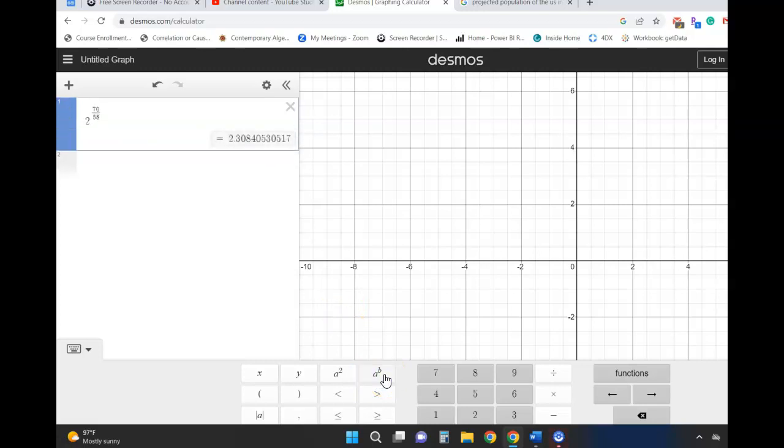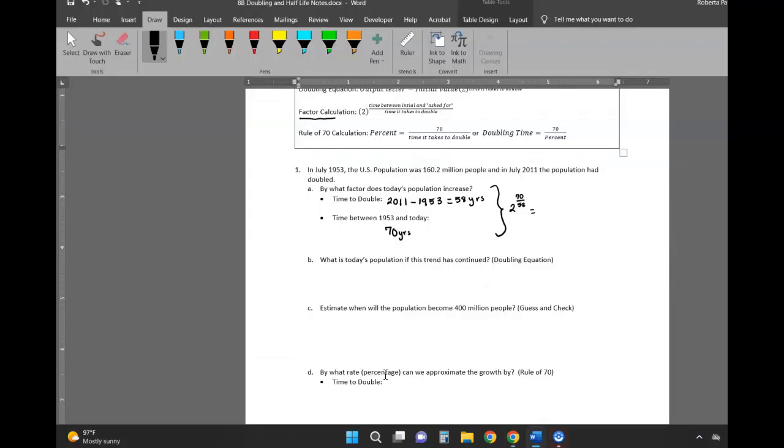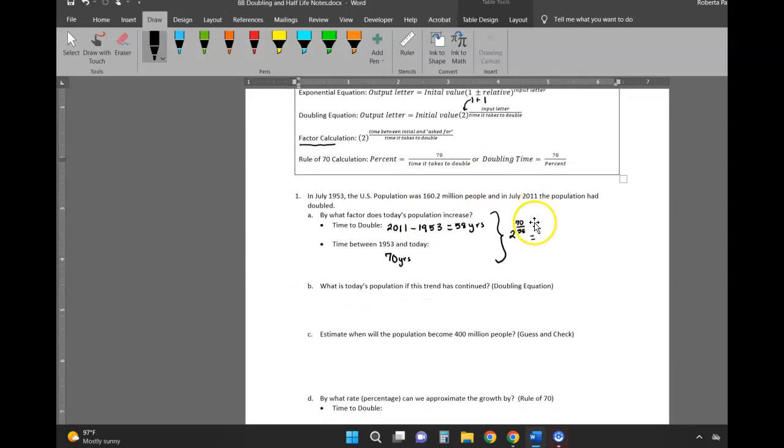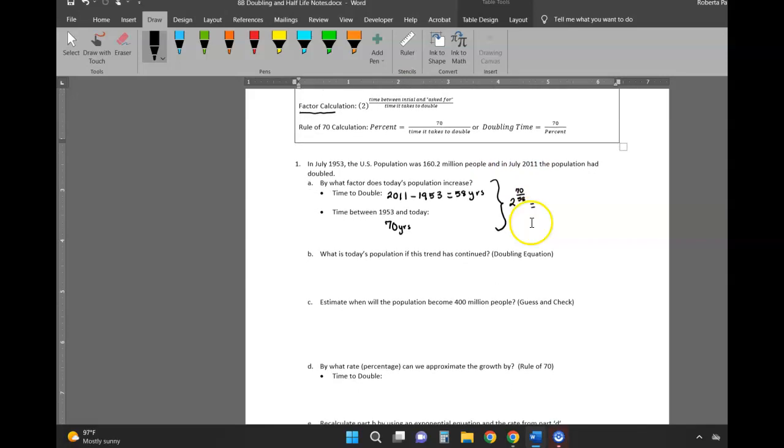And we end up with 2.308 and so on. And remember that anytime we're writing these numbers in parentheses, we like to write them with 3 decimal places. So 2.308 is the factor.